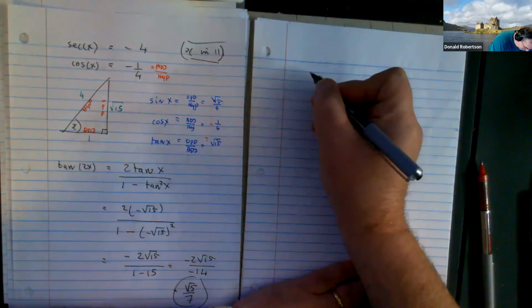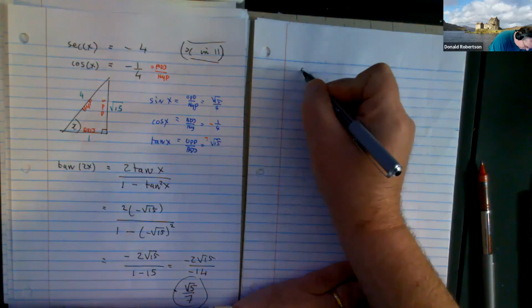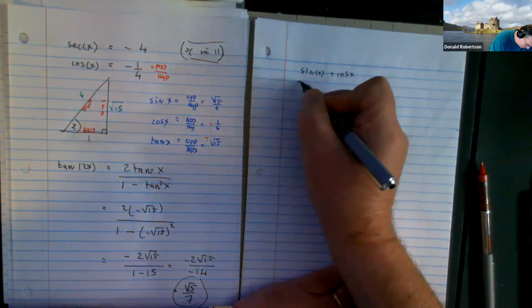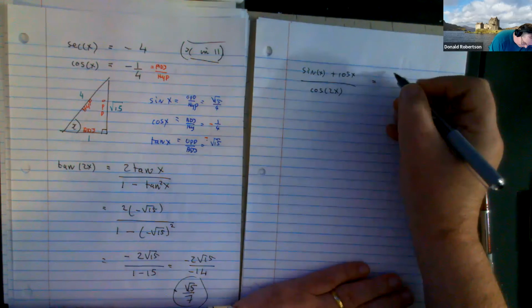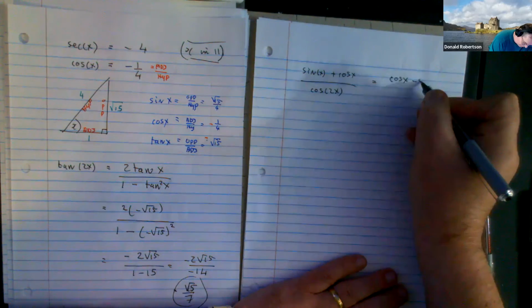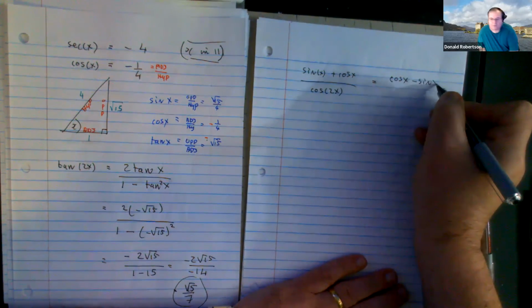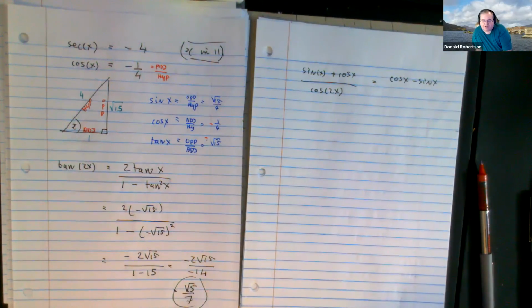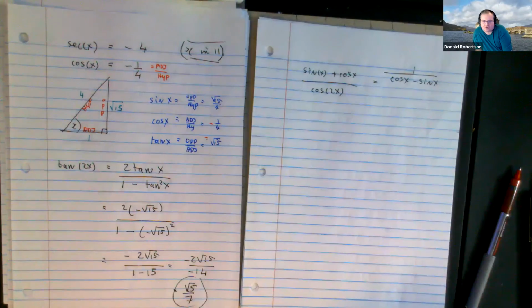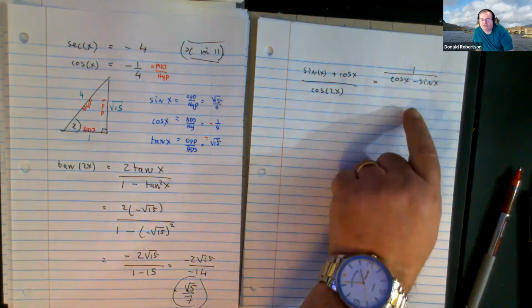So let's do an identity. Sine x plus cosine x all over cosine of 2x is equal to this fraction.